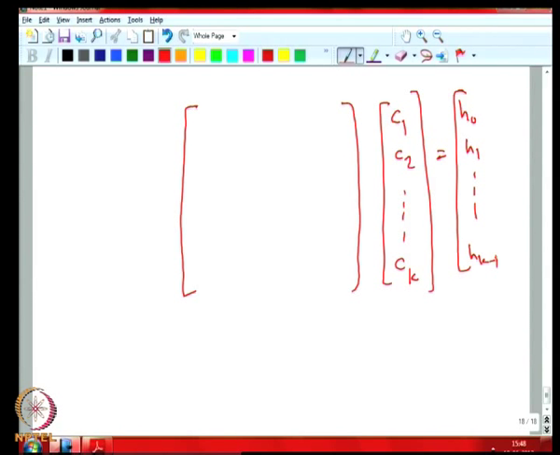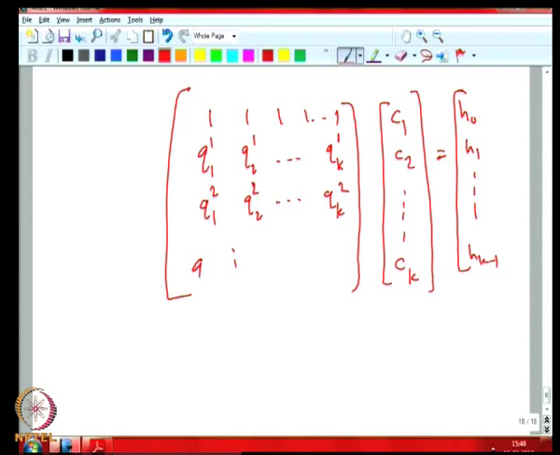The first row is 1, 1, 1, then q1 raised to 1, q2 raised to 1, up to qk raised to 1, then q1 raised to 2, q2 raised to 2, qk raised to 2, and finally q1 raised to k minus 1, q2 raised to k minus 1, up to qk raised to k minus 1.